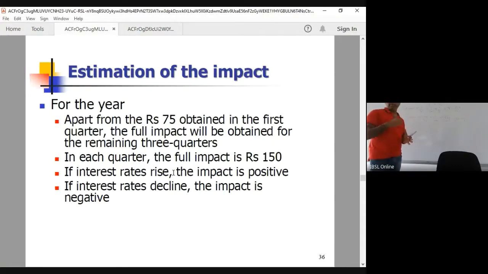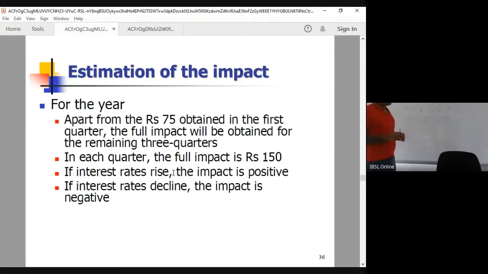For this year, we are saying the impact of 100 basis points for this particular year is going to be around 525 rupees per 60,000 rupee gap that we have. So then we are not talking about anything beyond a year for the moment.